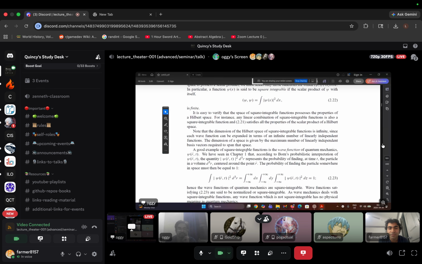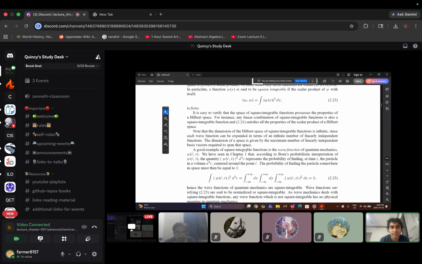Note that the dimension of the Hilbert space of square integrable functions is infinite, since each wave function can be expanded in terms of an infinite number of linearly independent functions. The dimension of a space is given by the maximum number of linearly independent basis vectors required to span that space. A good example of square integrable functions is the wave function of quantum mechanics, psi of r,t.